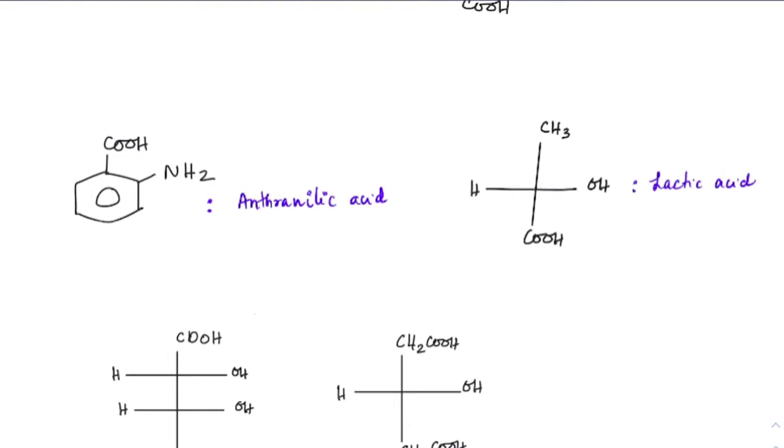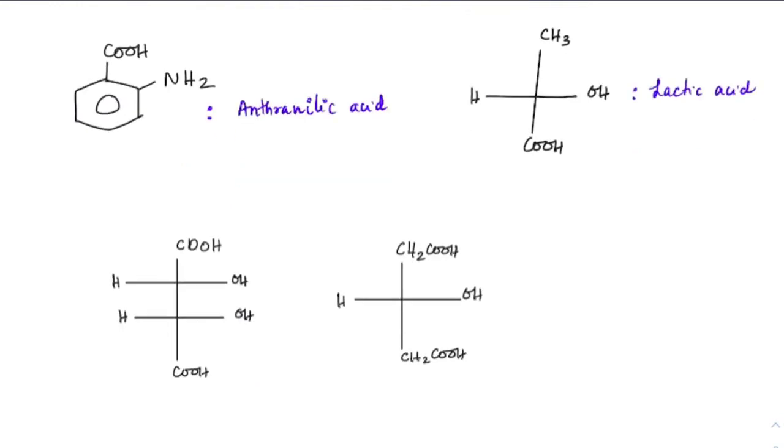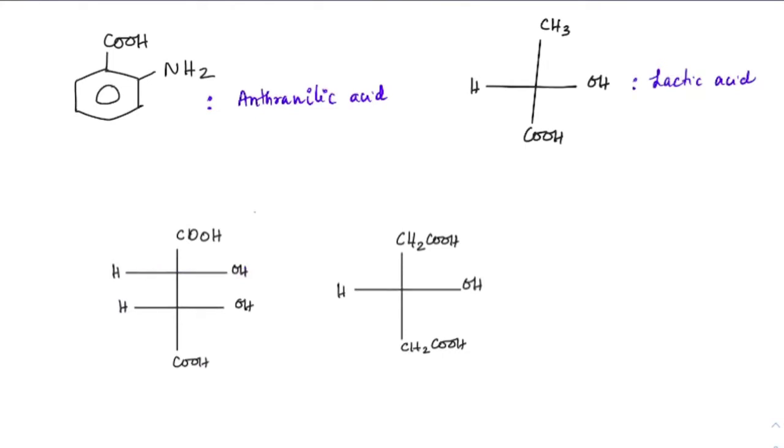If we keep on increasing the number of OH here, so if we keep on adding CHOH, this would become tartaric acid.